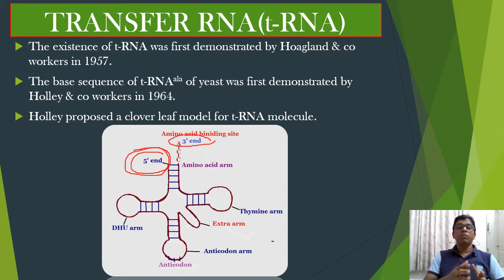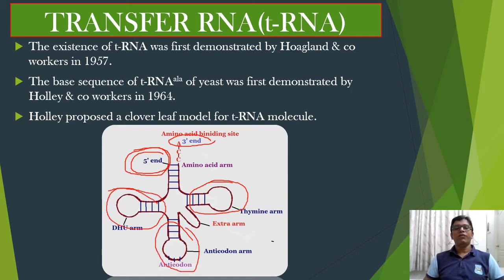Due to back folding, three major arms are also formed. Here you can see this is one major arm, this is another major arm, and this is one more.